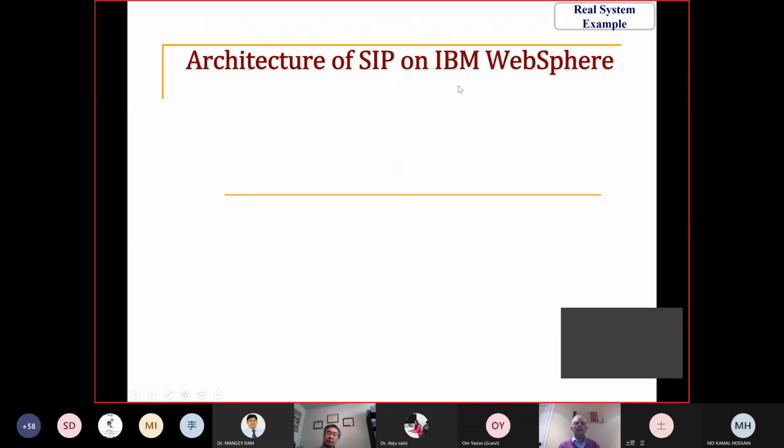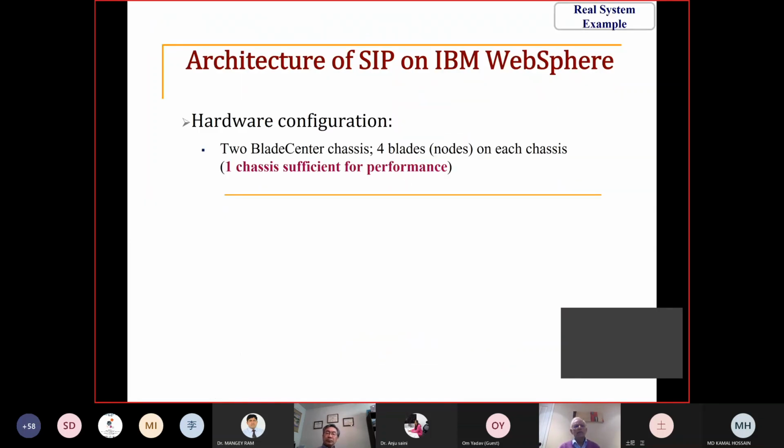Okay, so given this information, first I concluded the following. Hardware configuration wise, the architecture used 2 blade center chassis with 4 blades each. They told me that one chassis would have been enough from the performance point of view, that is, how much load it carries.